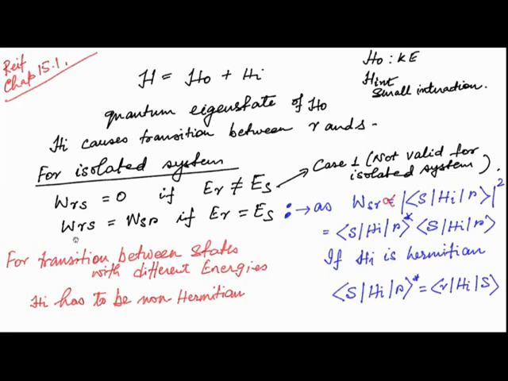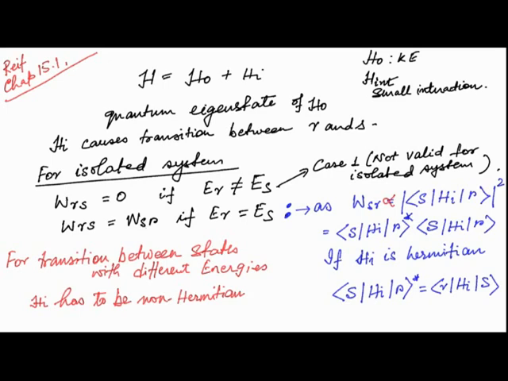But there can be transitions, if Hi is Hermitian, between R and S if the energy of R and the energy of S is the same, and it can be shown, because Hi has to be Hermitian, that WRS, that is the transition probability from going from R to S and S to R, has to be then equal, right?